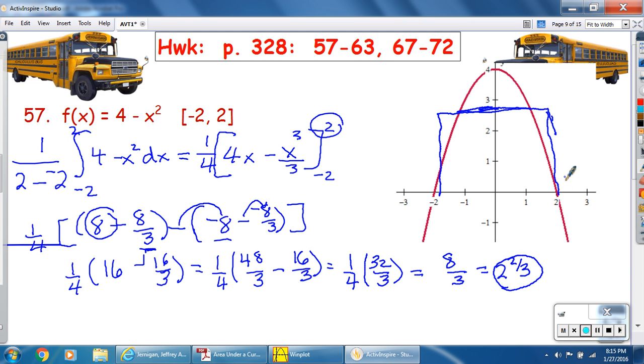The area that is inside of that rectangle is equal to the area under the curve from -2 to 2. So that's basically what's going on with the average value.